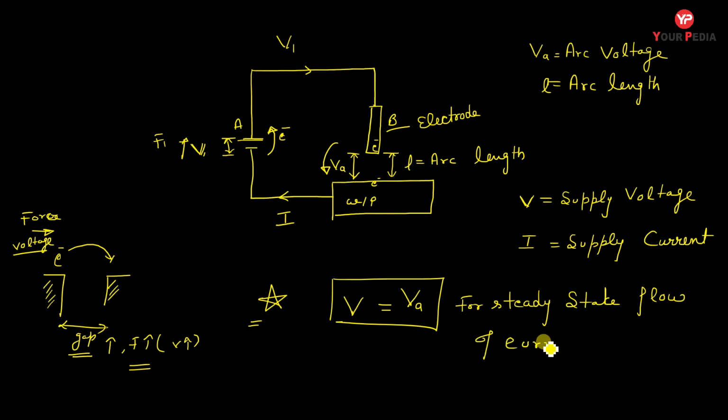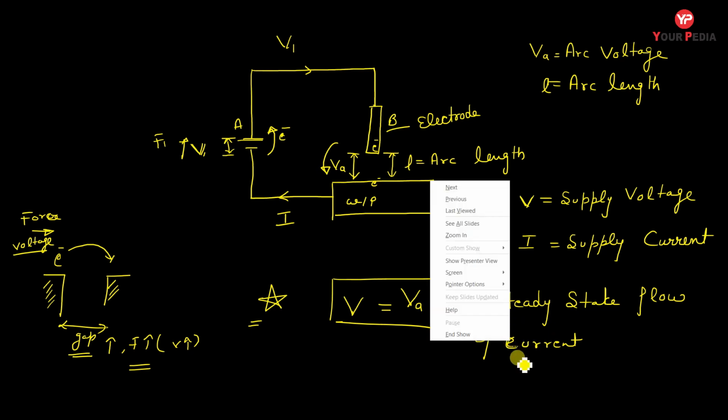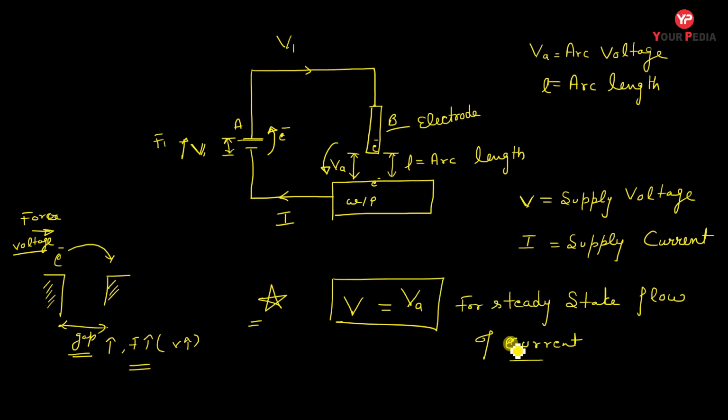This is the major requirement in arc welding. Note in your notebook that V equals VA. Now, what is the relation for VA and what is the relation for V? We are going to calculate them one by one. I am stopping for 5 seconds, just note that part.